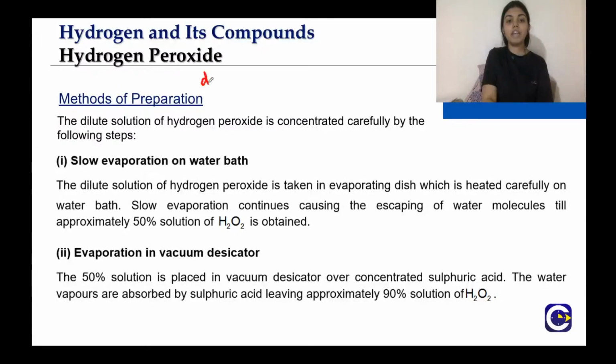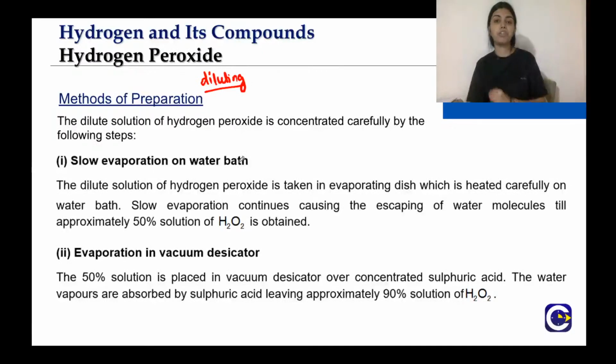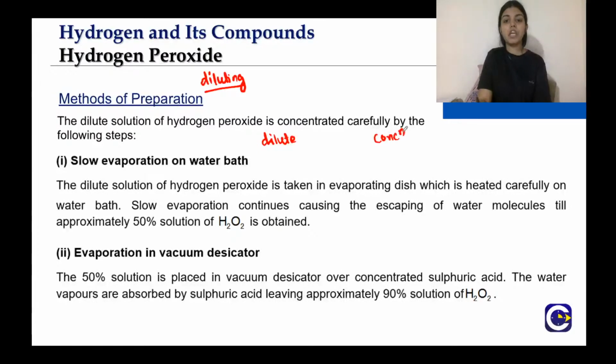If something is dilute, that means the amount of solvent added to a particular solute is large, while concentrated means there is more solute. So the amount of solute is more in a concentrated solution than in a dilute solution. On dilution, the concentration of solute decreases, or you can say we add solvent to a given amount of solute, that is known as dilution.